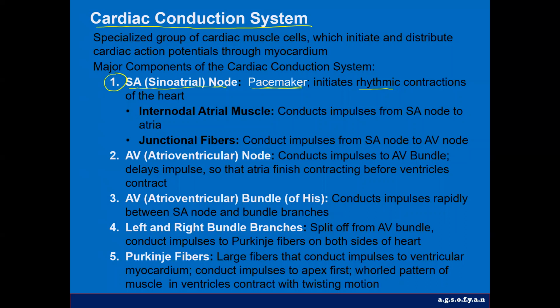This is the reason why, if someone has a problem with their natural pacemaker, sometimes the doctor will give them an artificial pacemaker that is controlled by a battery, to start the heart contraction. Now from the SA node, the contraction will be sent to the left atrium. Remember, the pacemaker is located in the right atrium.